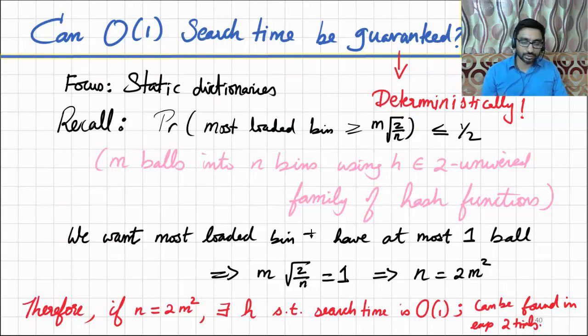And this is a simple Bernoulli trial, and if we want to insist on a success, we simply repeat it until we get a success. And so with expected 2 tries, we will be able to get a static dictionary in which n items are mapped into 2m squared locations, and the query time for any item is at most 1.